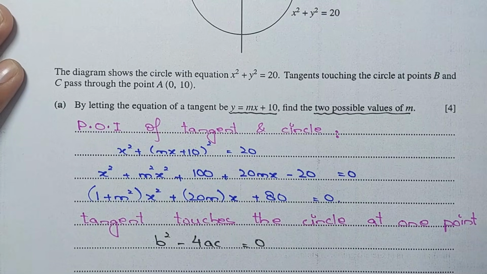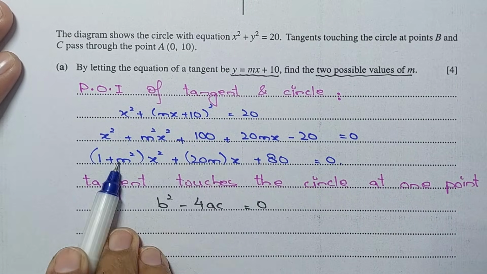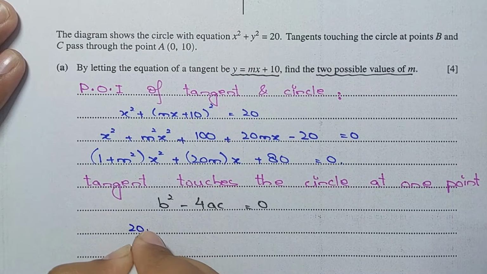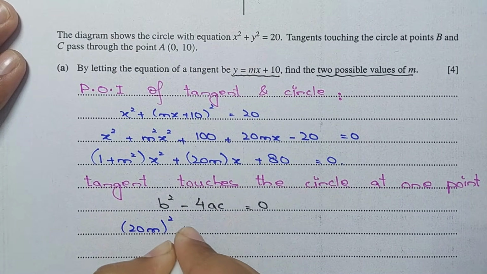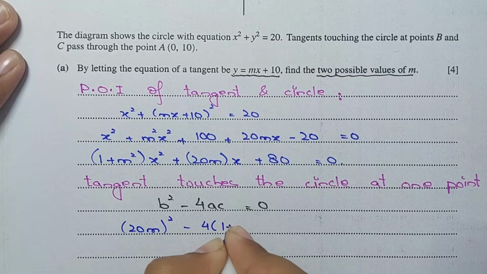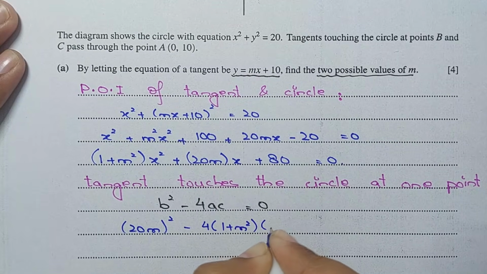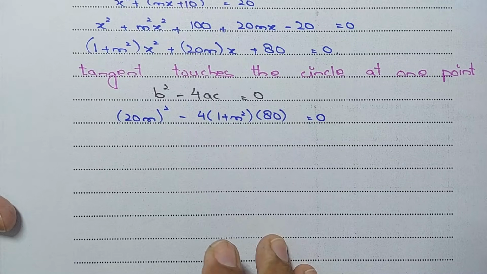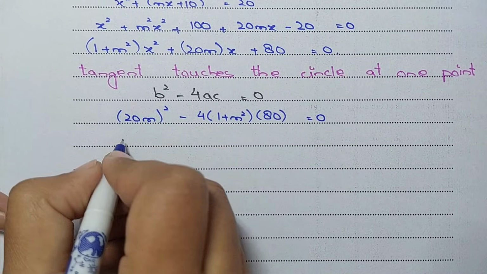A is the coefficient of x², b is the coefficient of x, and c is the constant term. So b is 20m, squared, minus 4 times a, which is (1 + m²), times c, which is 80. Put it equal to 0 and solve for the m values. We just find two possible values of m.